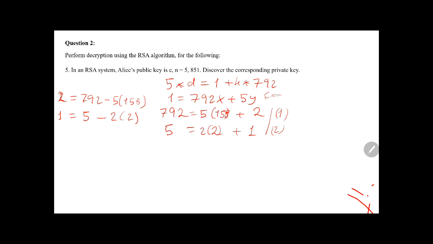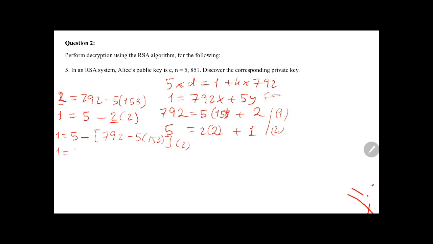Now we substitute the first equation into the second equation. So it will be 1 equals to 5 minus, I'll substitute in the 2 since the remainder here is 2. So the 2 outside the brackets, remember this. So it's 792 minus 5 times 158, all multiplied by 2. So let's do the multiplication here. So let's solve this bracket.